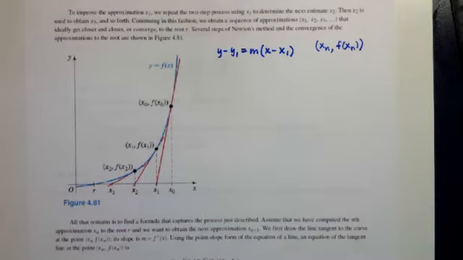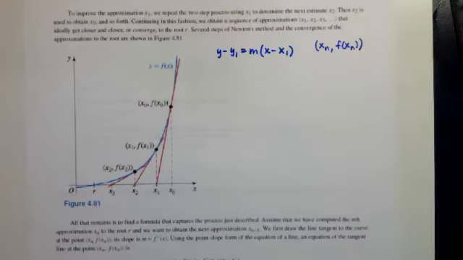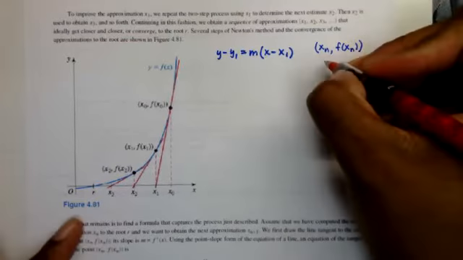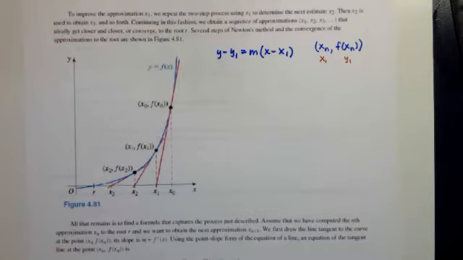Because I've been labeling the points as x of n and then the ordered pair that's on the graph of y equal f of x was x of n, f of x of n. So now, if we were to use the point-slope form here, I'm going to call this x1, and that's y1, of course.